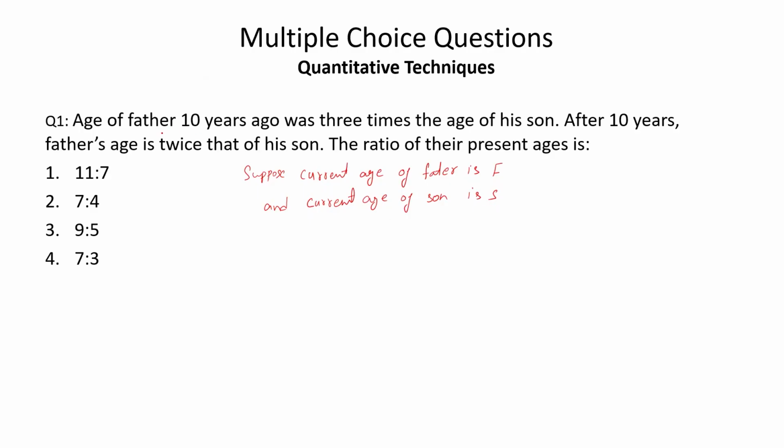Now let's look at the first line. What are they saying? 10 years ago means F minus 10 and S minus 10.